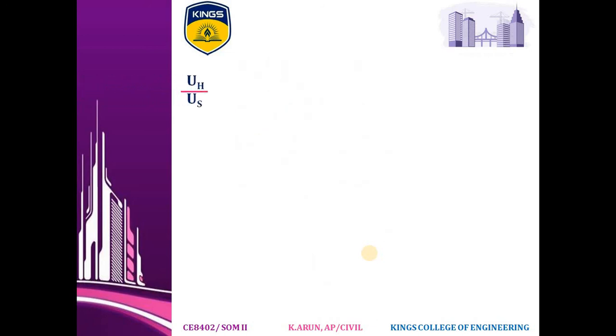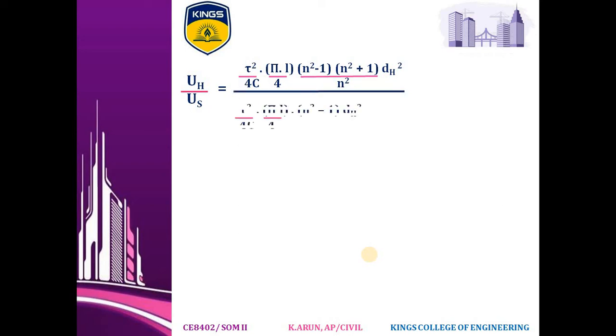So UH by US will be equal to, first I am writing the value which we have calculated for the strain energy of the hollow shaft, tau square by 4C into pi by 4 into L, n square minus 1 into n square plus 1 multiplied by dH square divided by n square. So it should be divided by strain energy of the solid shaft, which is equal to tau square by 4C into pi by 4 into L, n square minus 1 multiplied by dH square.